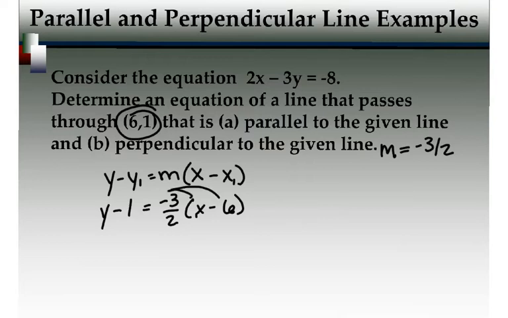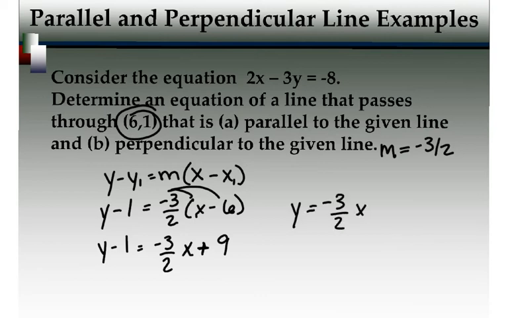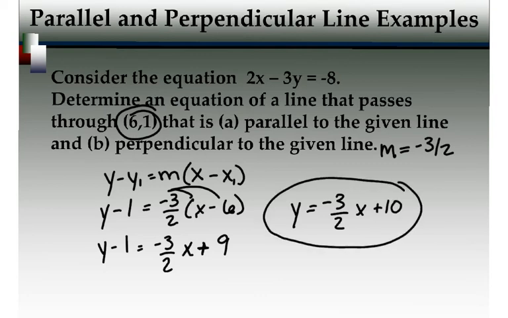Distribute. That's going to be 3 times 3, which is 9. Sorry, that's going to be a plus sign. Add 1 to both sides. We get y equals -3/2 x plus 10. And we are done.